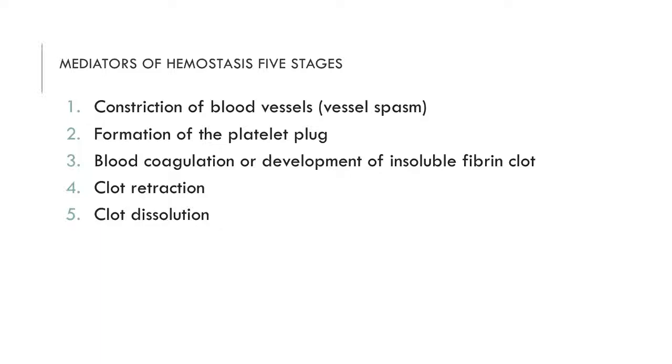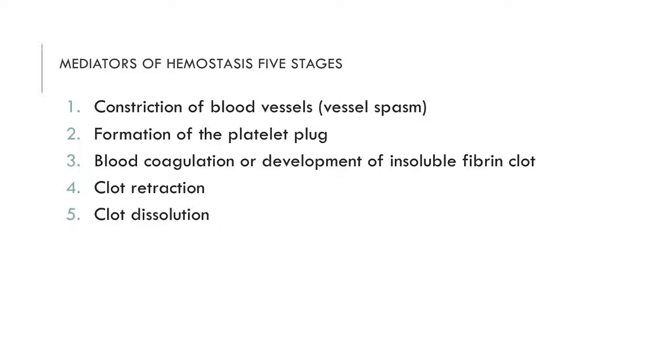There are mediators of hemostasis, and they go in 5 stages. The first stage is constriction. Right after an injury is constriction of the blood vessels, or a vessel spasm. The second stage is formation of the platelet plug.